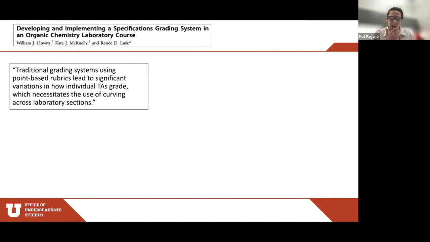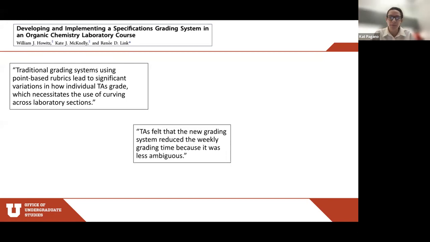It was a huge class, and students and TAs alike were asked open-ended questions at the end of the semester to get a feel for how they liked the system. First of all, these authors say that the traditional point-based rubrics lead to TA grading that is variable, right? There's not a whole lot of consistency, and that's why curving is needed.